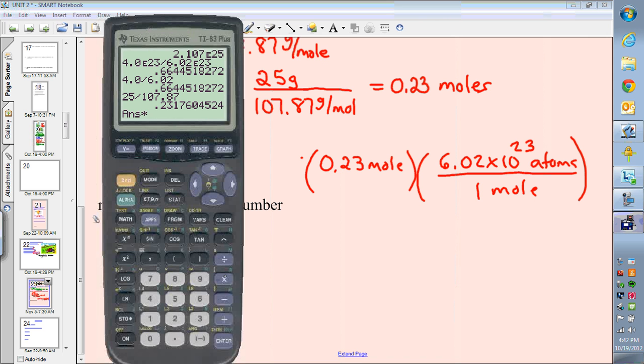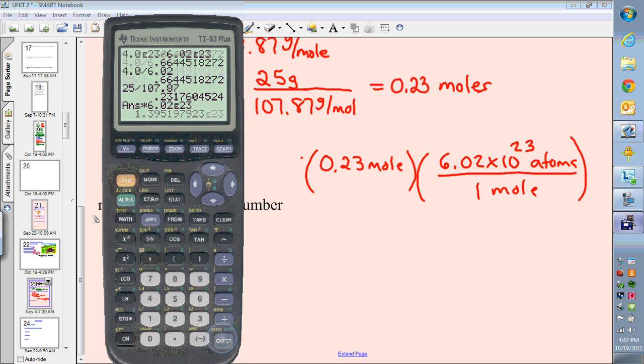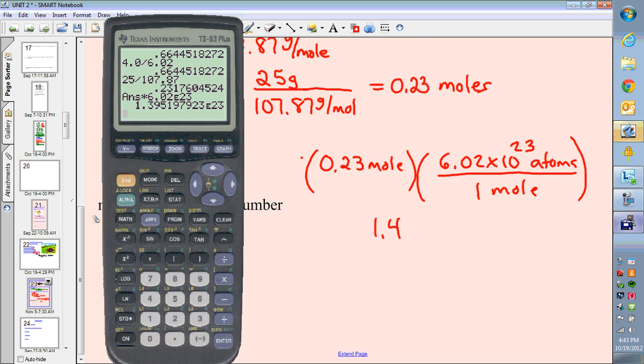So take our answer that we have and multiply by 6.02 times 10 to the 23, and that'll give us 1.4 times 10 to the 23 when we round this off. So 1.4 times 10 to the 23 atoms.